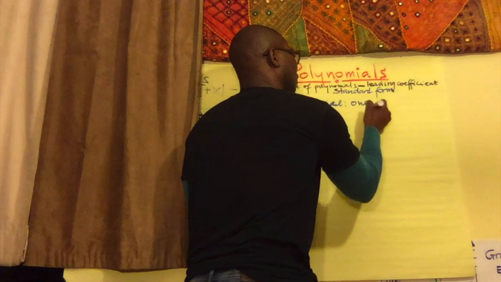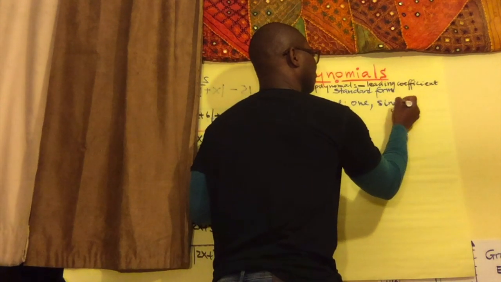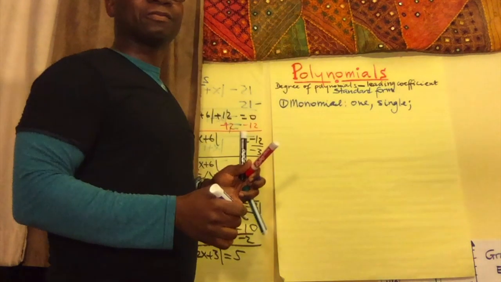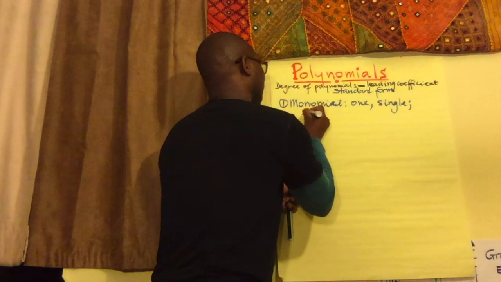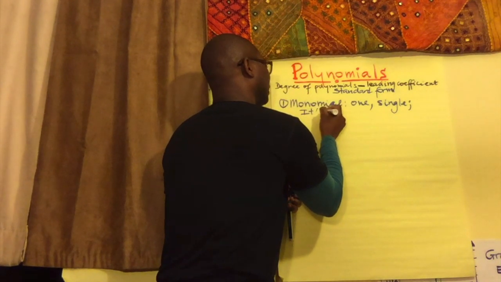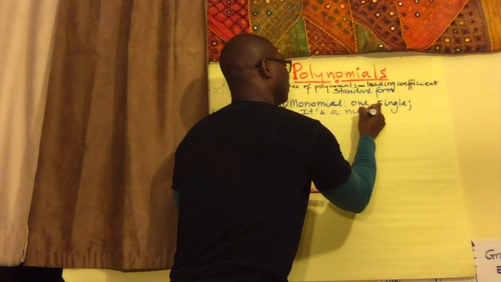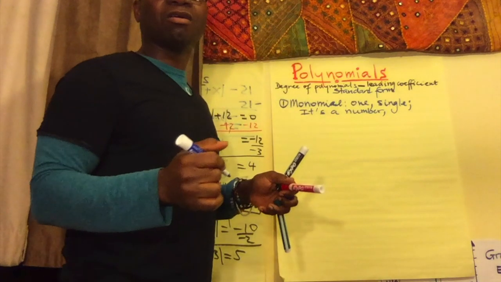Single. So a monomial is a number. It's a number. Or a variable.